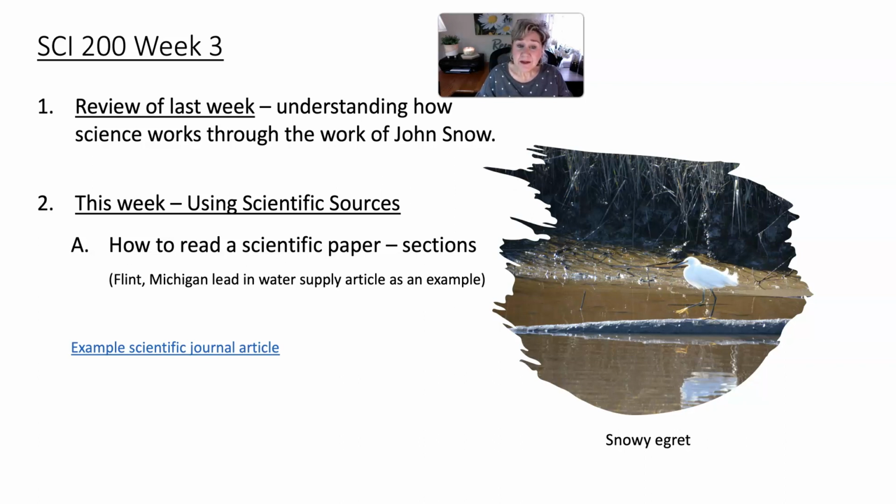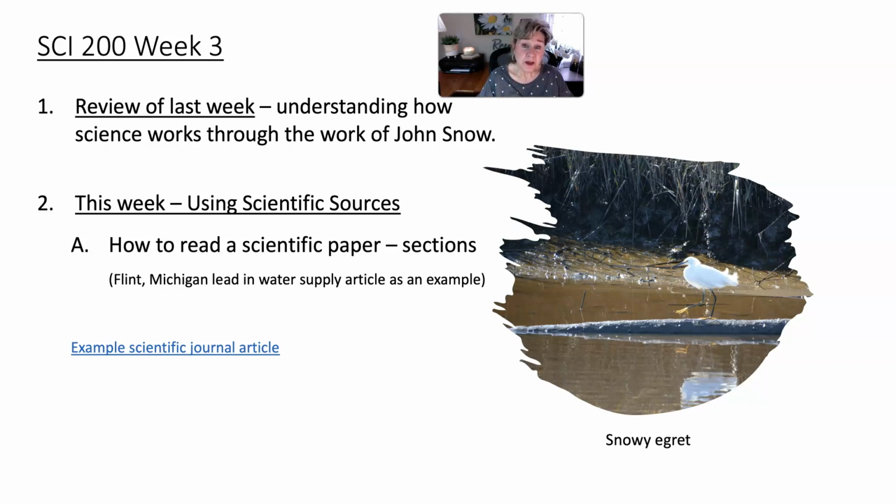Last week you got a better understanding of how science actually works and the importance of data through the work of John Snow and his examination of outbreaks of cholera in London, England, and how he discovered that cholera was transmitted through contaminated water instead of miasma.